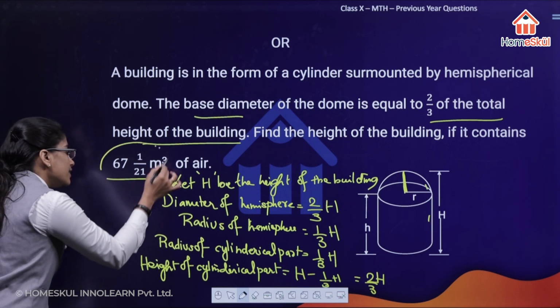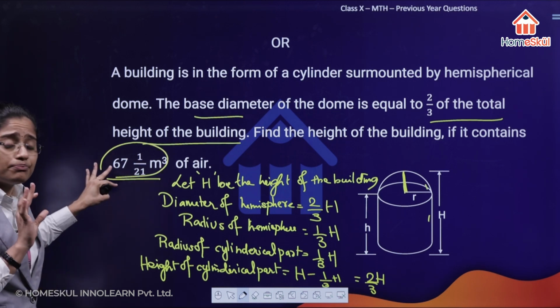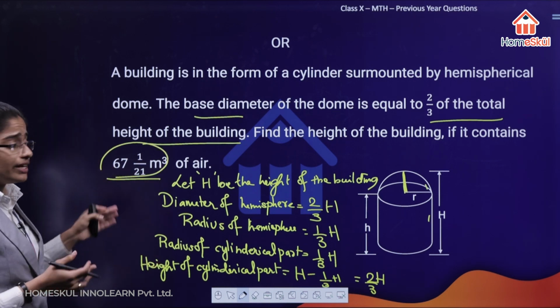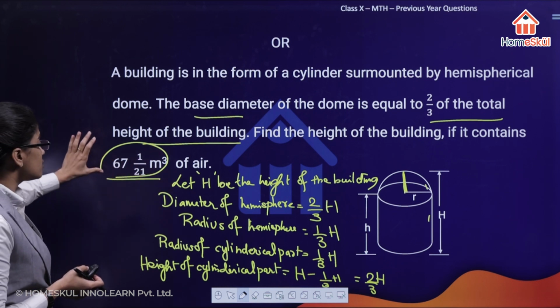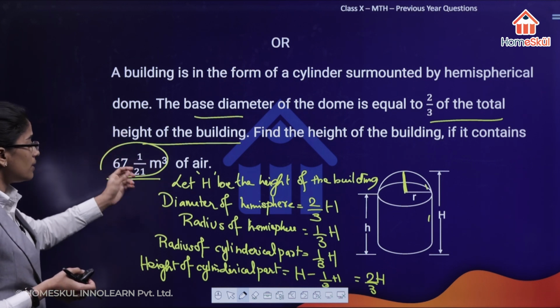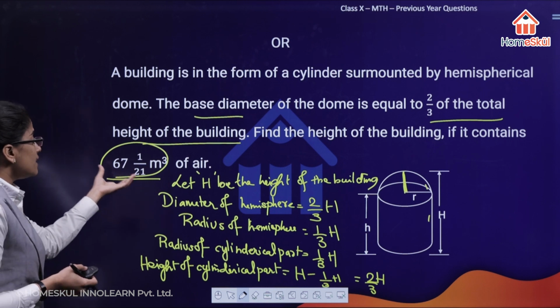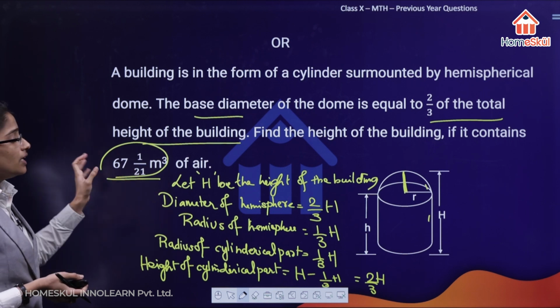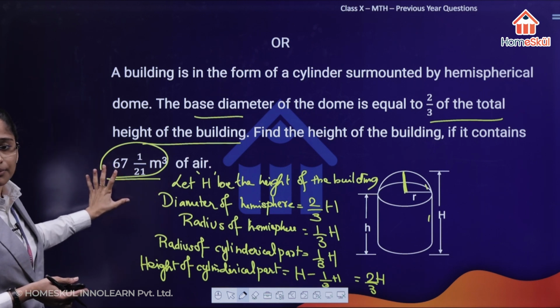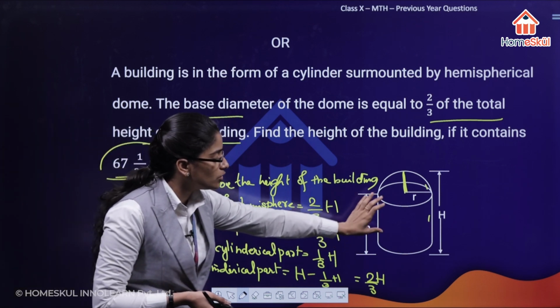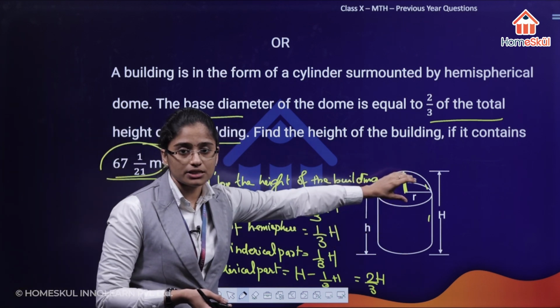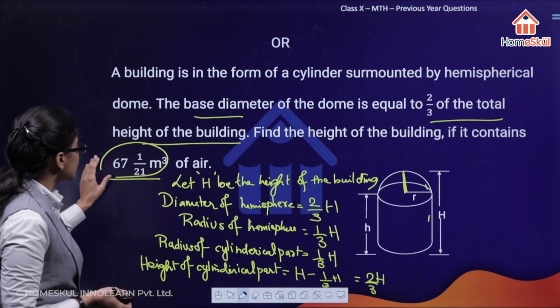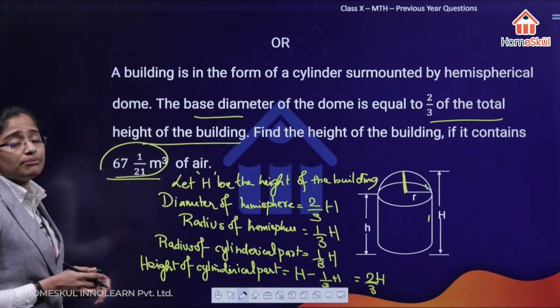What is the relation given? The volume of that building is given, right? It is given that the building contains 67 1/21 meter cube of air, meaning the volume of that building is given. We need to equate it with the volume. Volume of this building is equal to volume of cylinder plus volume of hemisphere, which will be equal to 67 1/21 meter cube.